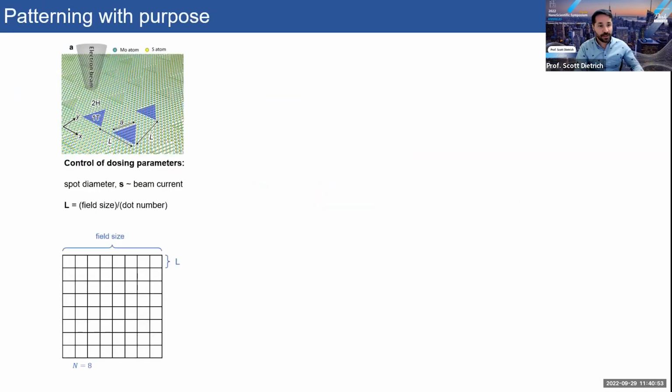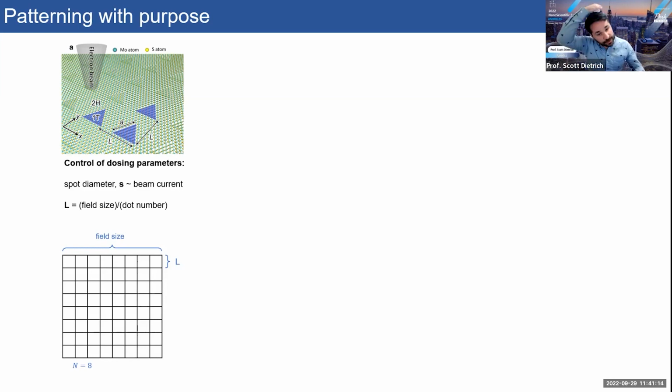We can control the maximum size we can grow by using a larger spot, which is typically a higher beam current. It's harder to focus a high current beam. And then we can set the number of points in the field, basically taking an SEM image and breaking it down pixel by pixel.